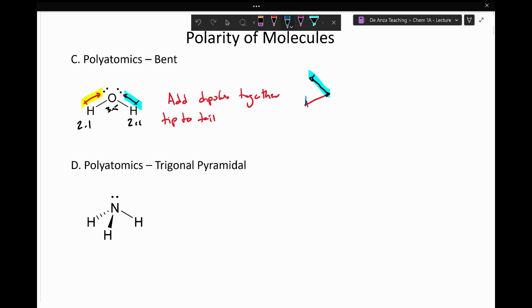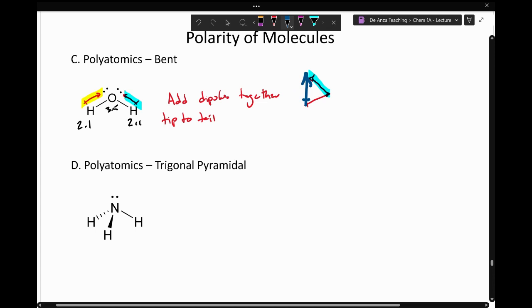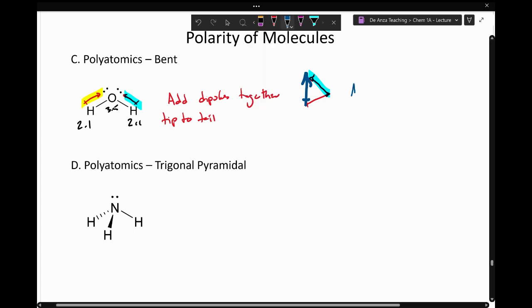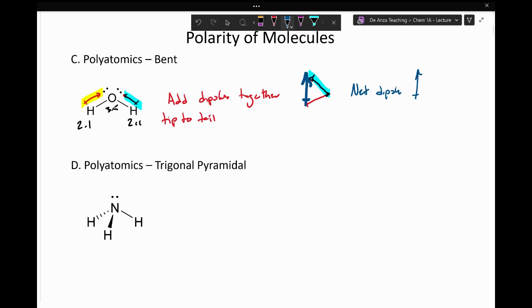And so if I draw that, I get that the net dipole points like this. And so I'd say that my net dipole looks like this.